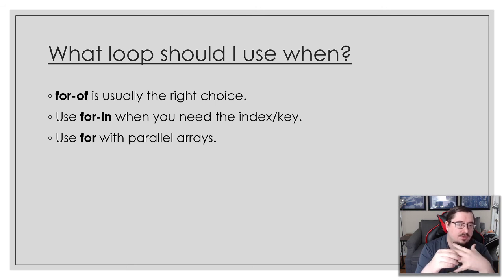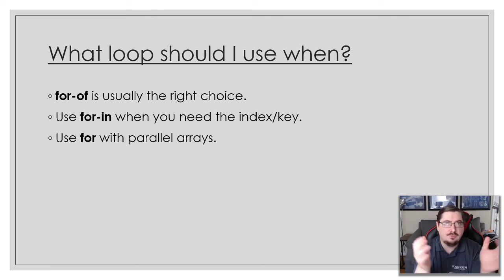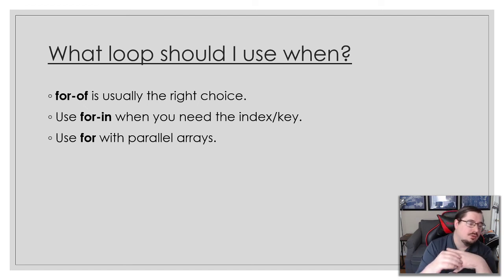So if you don't need the key, then use for of, which is the common case. If you do need the key, then use for in. Or, lo and behold, if you do for whatever reason need to use parallel arrays, because you need that same index for more than one array, that would be a good place to use the regular for structure instead of either of the other two.